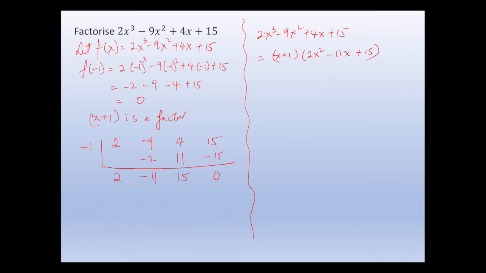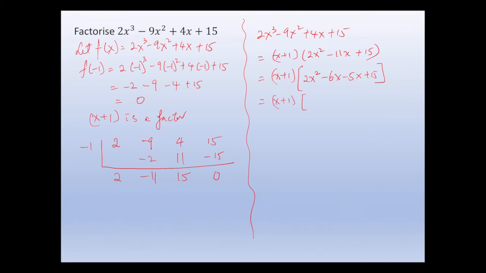Now, you actually need to find two numbers which multiply to 30 and add up to minus 11. Right. Pause the video for a while and see if you could do that. Right. We should know the two numbers are minus 6 and minus 5.